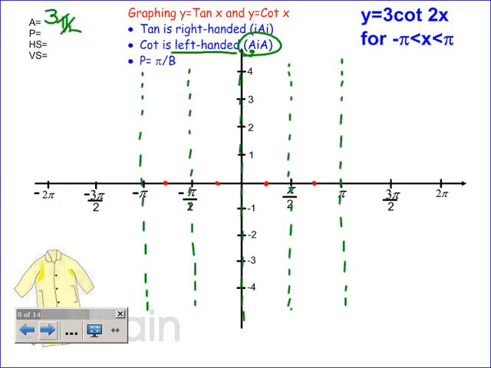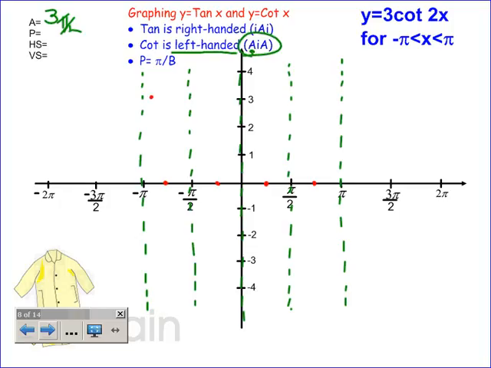And then every quarter, okay, halfway between the intercept and the asymptote, split that in half, you go up to 3 or down to 3, but we got to be sure we use the right hand. Cotangent is left-handed. So to the left of this intercept in red, we're going up to 3. There.